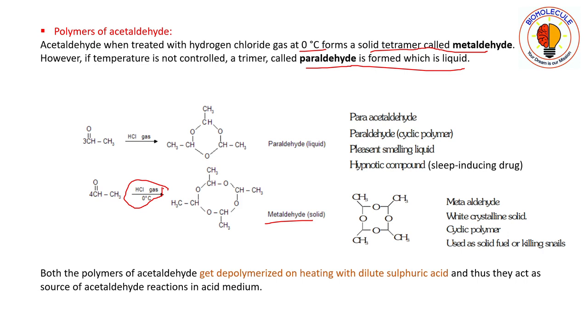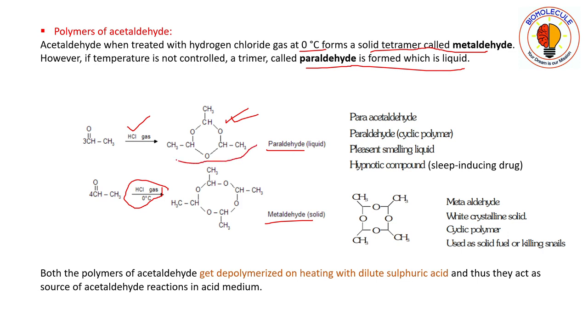But if you do not maintain the temperature, okay, if you increase the temperature, if you are treating acetaldehyde with HCl gas at room temperature or above, or just if you are not maintaining that 0 degree Celsius temperature, then you are getting a liquid paraaldehyde. Okay, and this is the liquid.